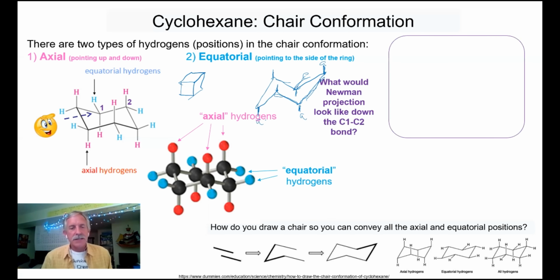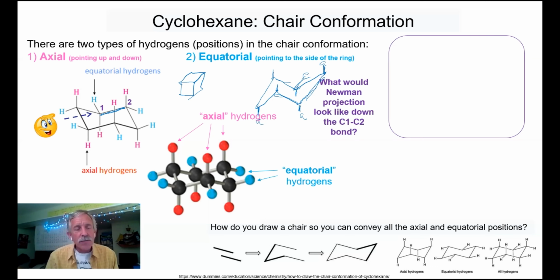Okay? So how do we really make sure that we have a beautiful chair and that it loves to be in this conformation? There is one way to tell, and that is Newman, the cat. Newman projections. If we could draw a Newman projection down this 1-2 bond, you would prove to me that the big ring on one side and all these hydrogens, axial and equatorial, are not eclipsed.